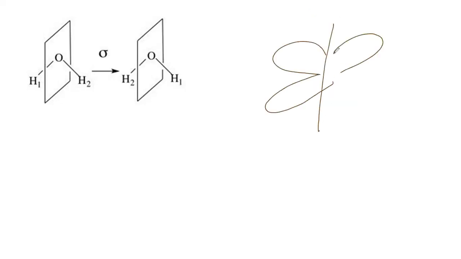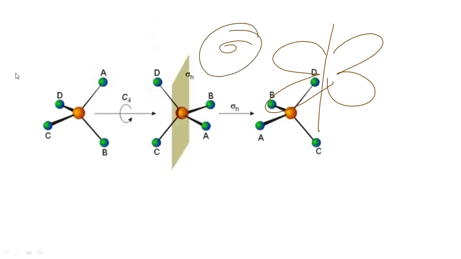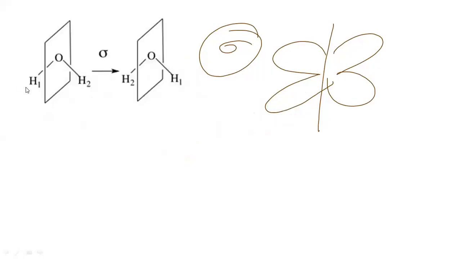The butterfly also has exactly a plane of symmetry like this. The plane of symmetry is an imaginary plane which bisects the molecule into two equal halves. That is indicated with sigma. This is another plane of symmetry here. You need to understand these things.